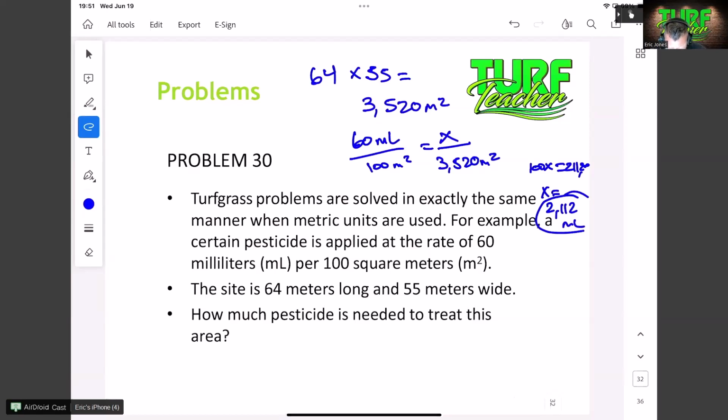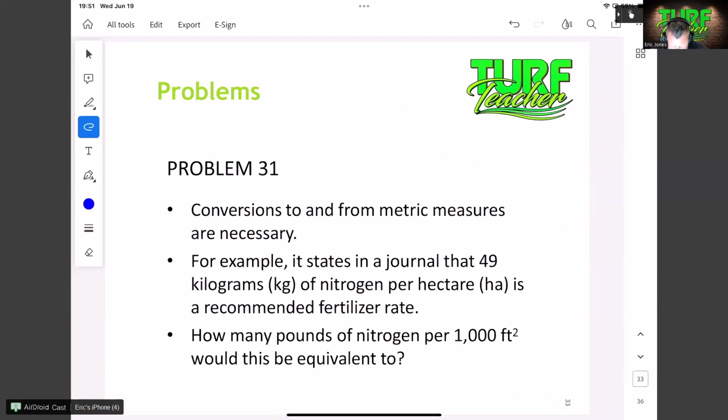We got just a couple more, guys. I know I rushed through these, but to get over every single problem within the 50 minutes, we gotta hustle and bustle. So conversions to and from metric measures are necessary. For example, it states in a journal that 49 kilograms of nitrogen per hectare is a recommended fertilizer rate. How many pounds of nitrogen per thousand is this equivalent to?